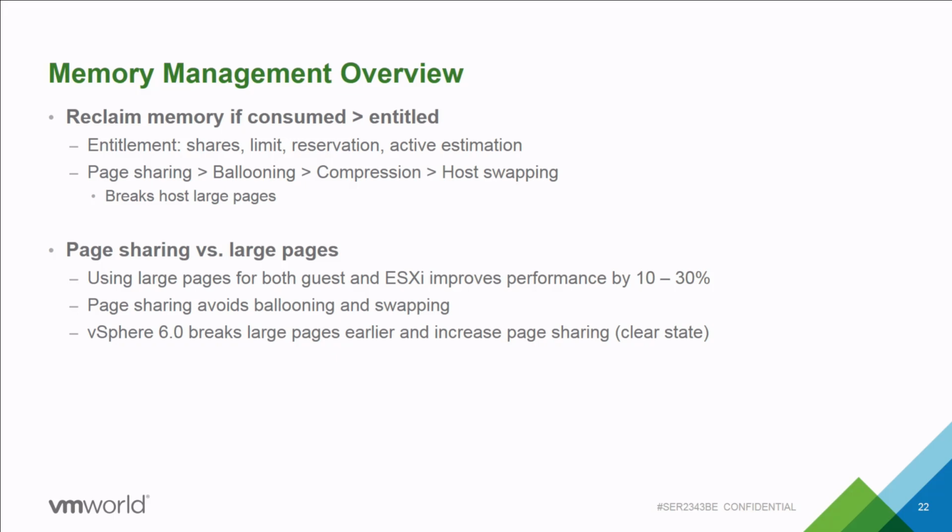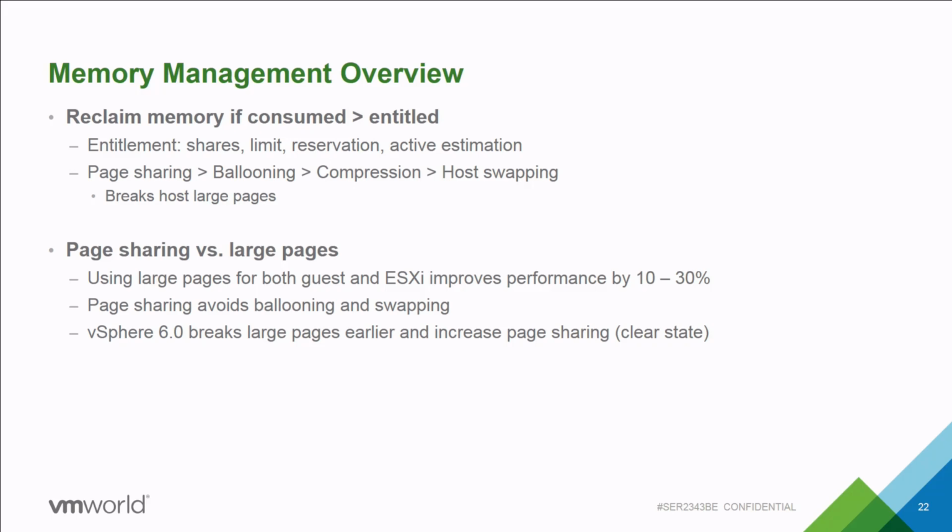Page sharing is the cheapest, and swapping is very, very expensive, so we'll try to avoid swapping. If you want to know more details about these techniques, search for ESX memory management. There's a classical OSDI '04 paper written by Carl Waldspurger about this topic. It provides very detailed explanations of what these techniques mean.